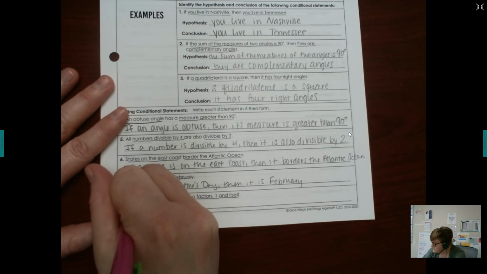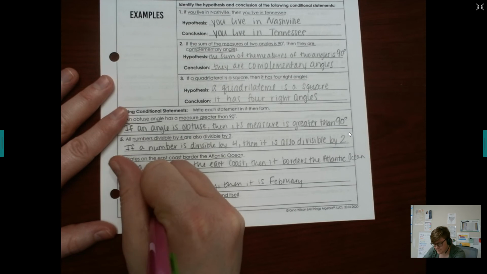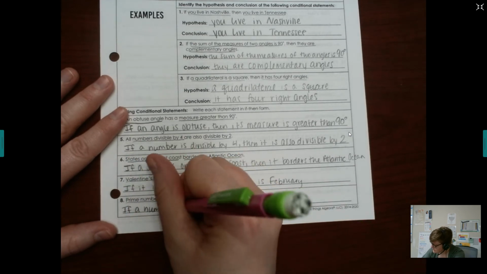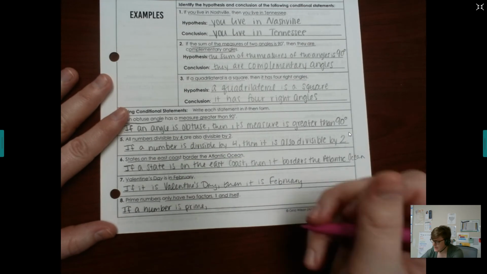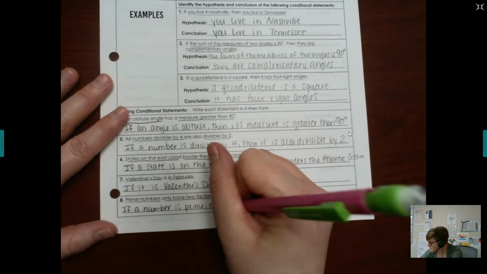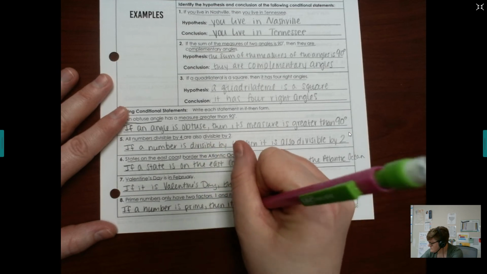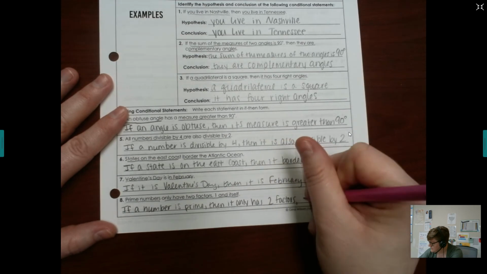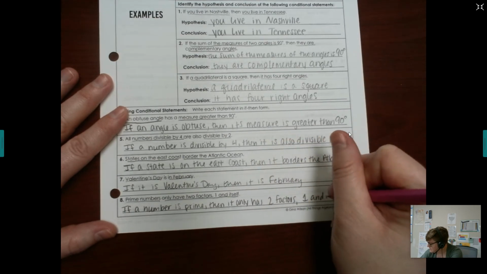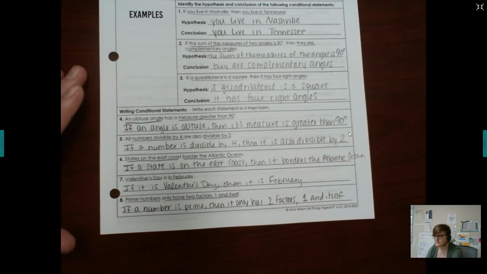So if a number is prime, then it only has 2 factors, one and itself. So again, just taking the information we're given and rephrasing it into an if-then form. And that's all we have to do on this page.